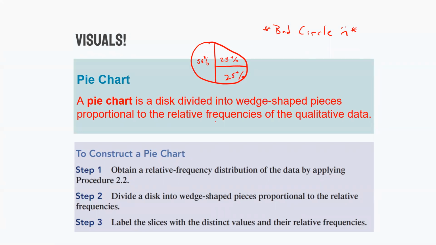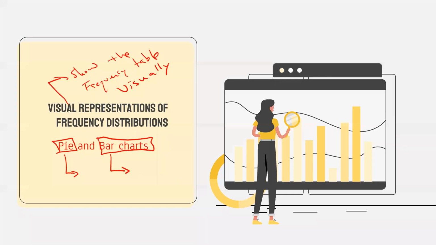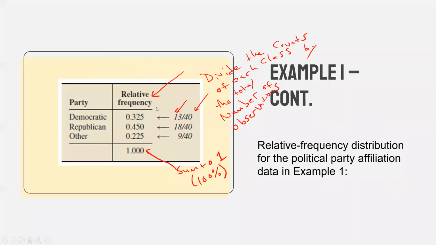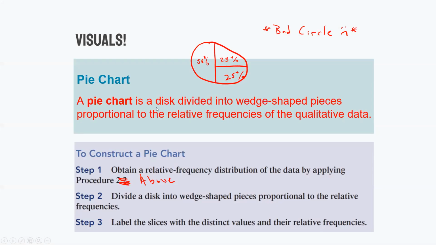That's really how you do a pie chart by hand. All you're going to do to construct this is obtain a relative frequency distribution by applying the procedure above, the one that we did. Then you divide the disk into wedge-shaped pieces proportional to the relative frequencies, and label the slices with distinct values and the relative frequencies.